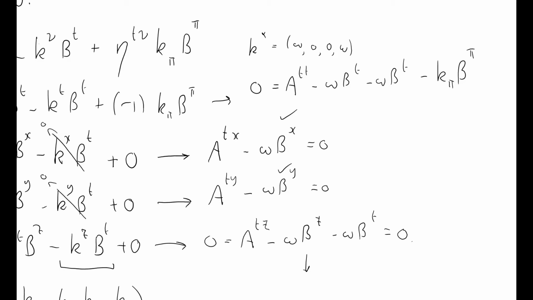Well, that gives us four equations and four unknowns. Everything's linear. We can write down what bx is from this equation, and we know what by is from that equation.